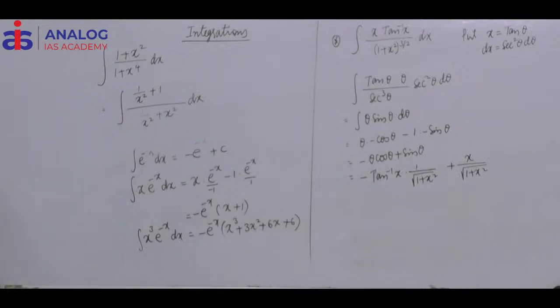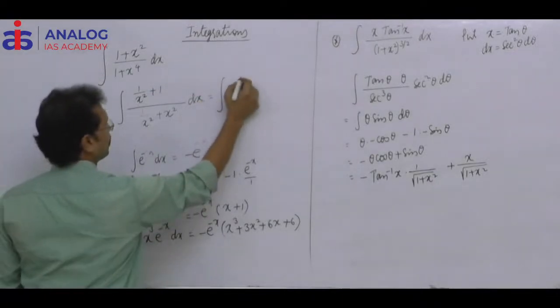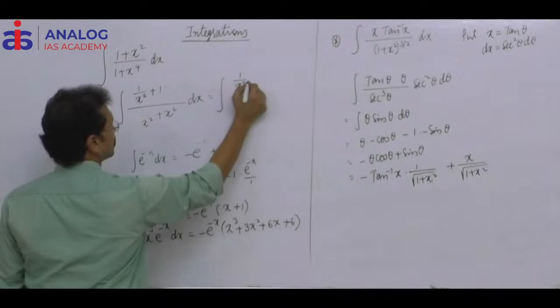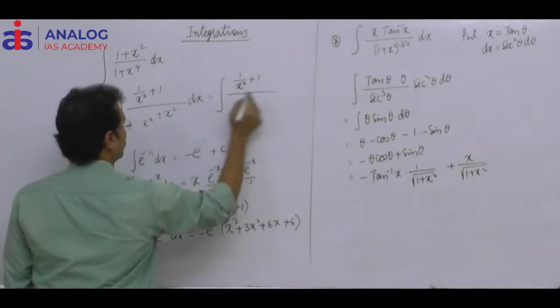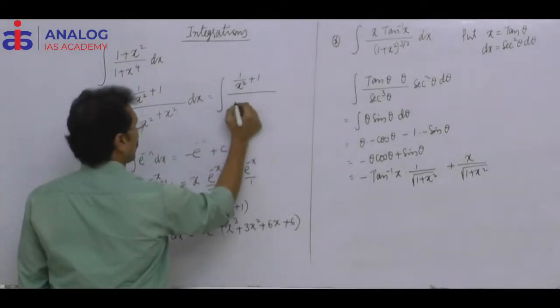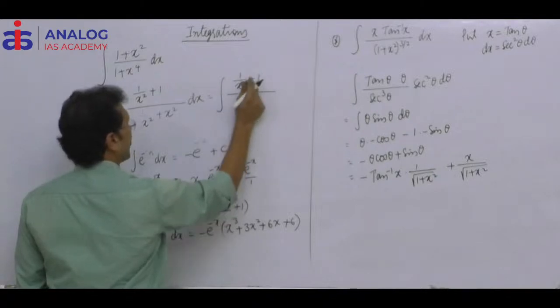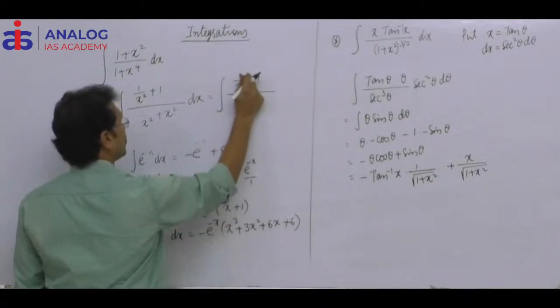Are we complicating it unnecessarily? This is equal to integral of, okay, we'll leave it like this. Look at the denominator. One minus 1 by x square, 1 plus 1 by x square. I'm just trying to see what is there in the numerator.